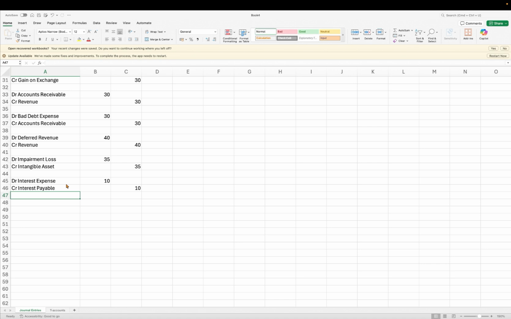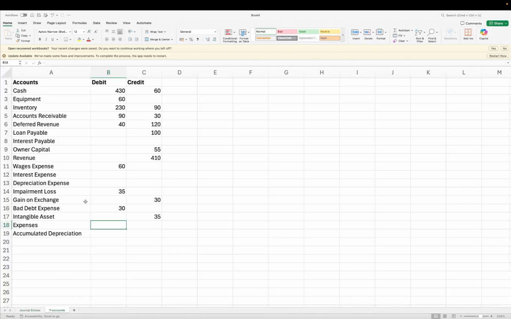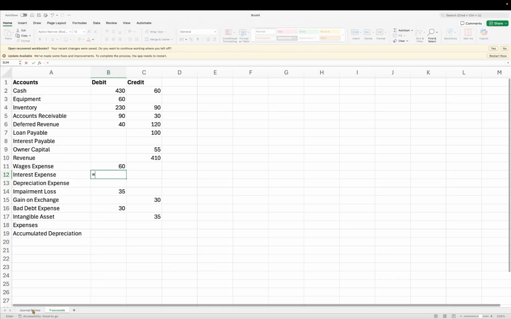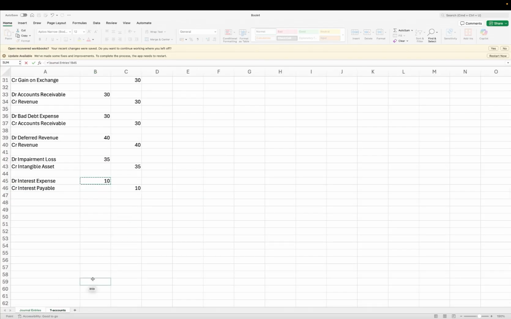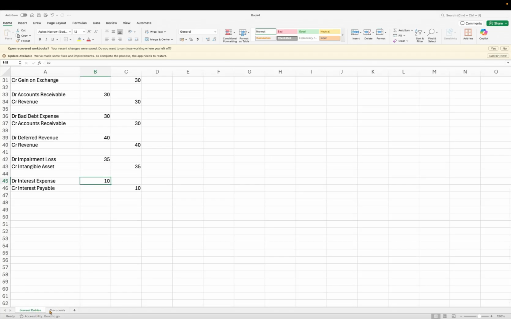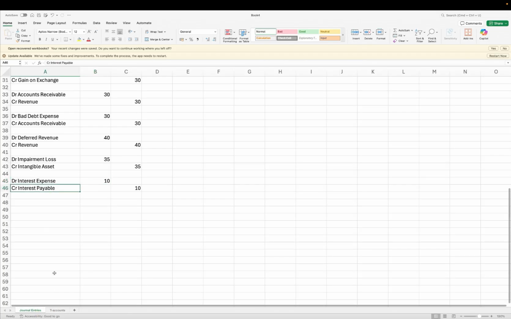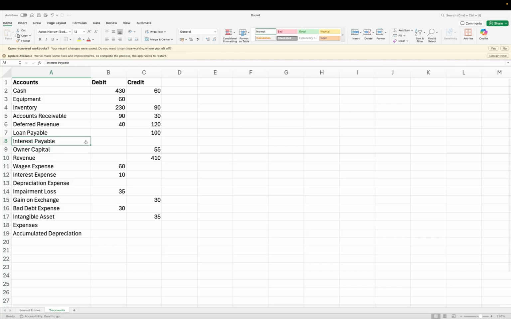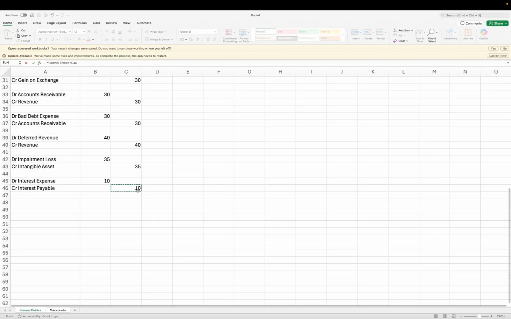Going to the T account, just like always, interest expense standing at 10, and our interest payable standing at 10 too.